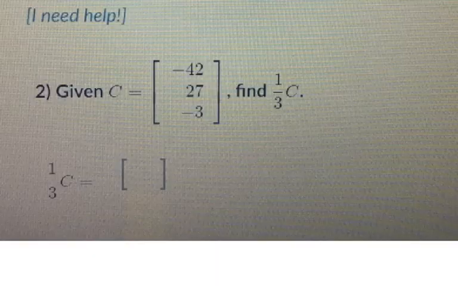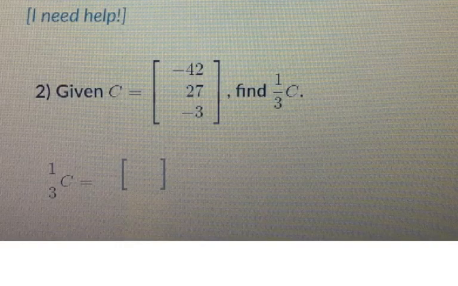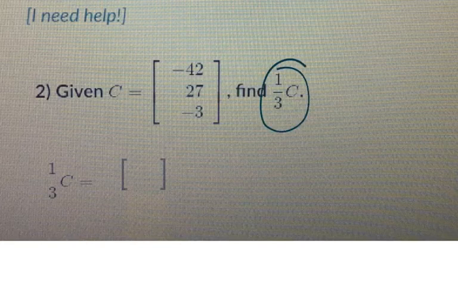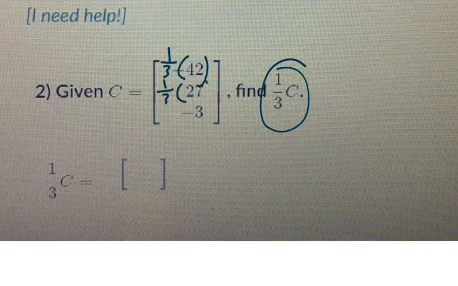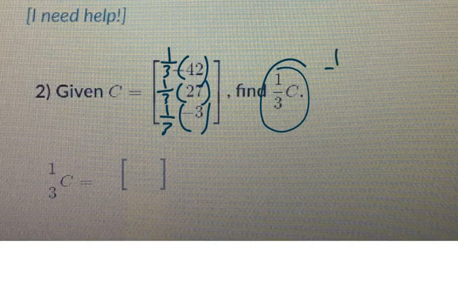Anyways, here was the other one that I noticed on the article or notes section: they wanted 1/3 of big C. What they mean is I'm just literally going to do 1/3 of each of these numbers. That's going to be 1/3 of big C, matrix C. Now, 1/3, guys, I hope you understand, 1/3 really means divide by 3, right?